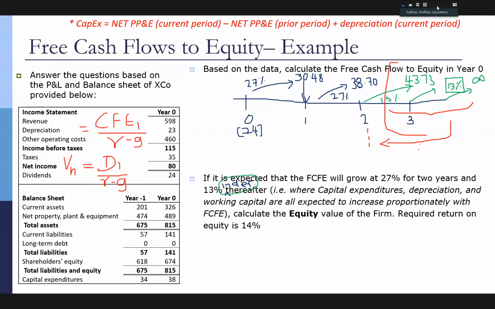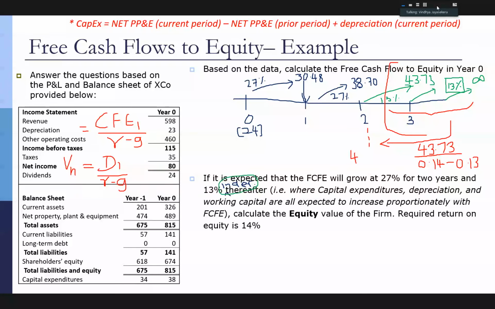Next year's cash flow is 43.73 divided by R, which is 14%, minus G, 13%. Okay. So 43.73 divided by 0.01.